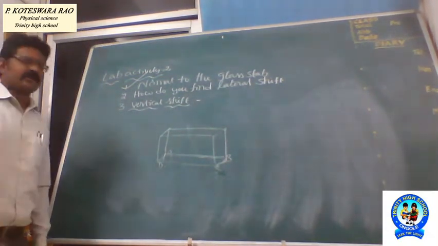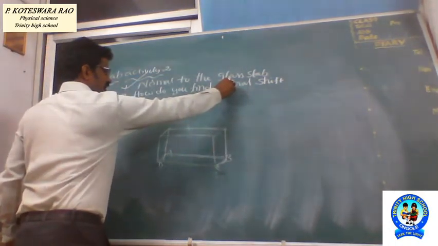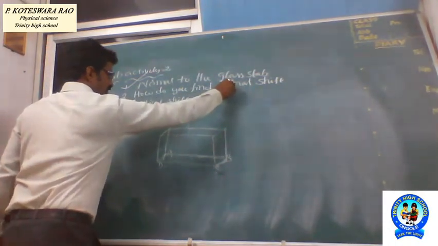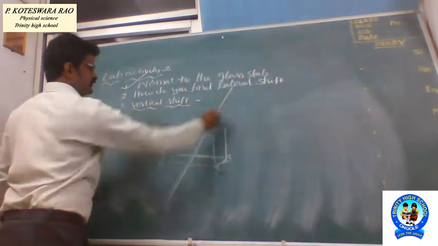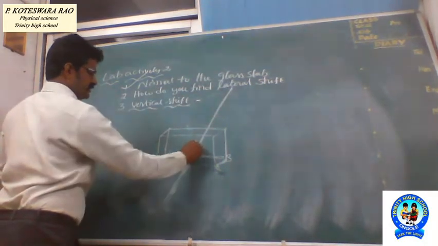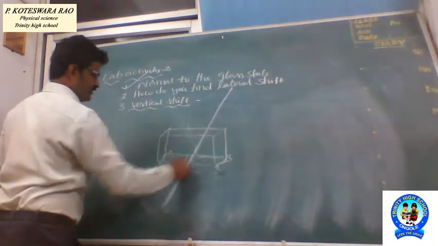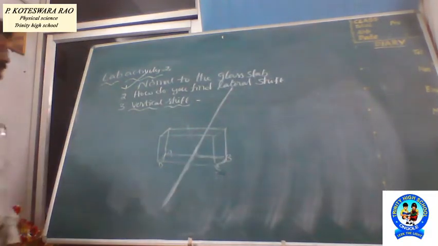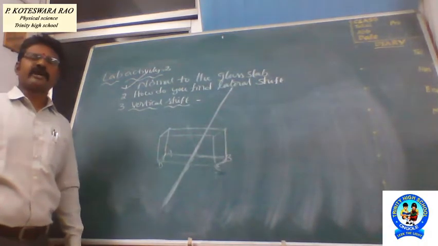Now we want to draw one perpendicular line, or one normal line, to that AB. We want to draw one normal line to AB or CD here. Then take two pins or two nails.